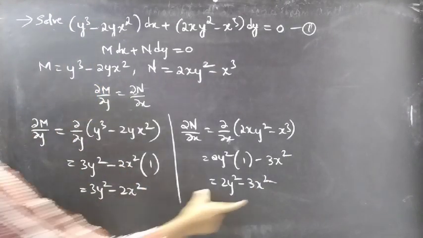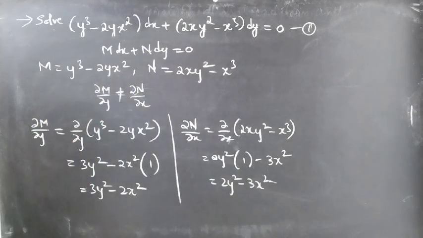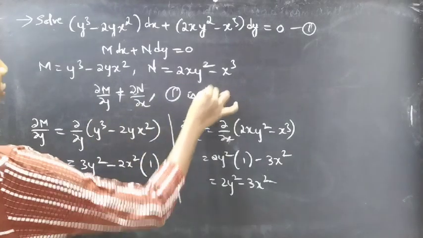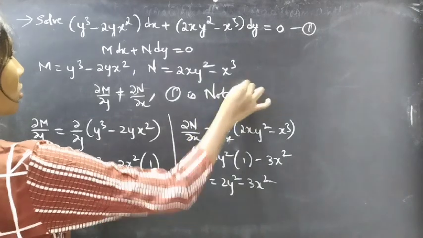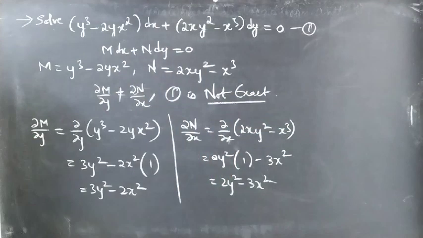So by observing these two, we can say that partial derivative of m with respect to y is not equal to partial derivative of n with respect to x, right? So equation 1 is not exact, right?